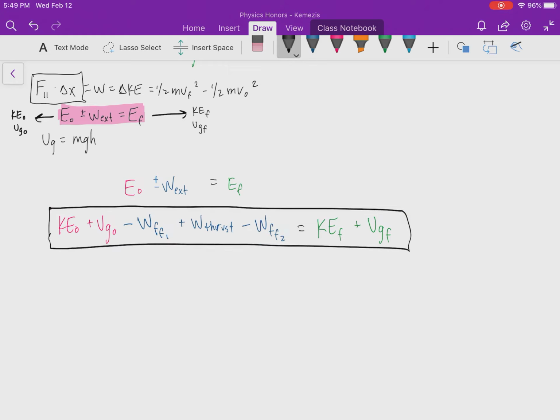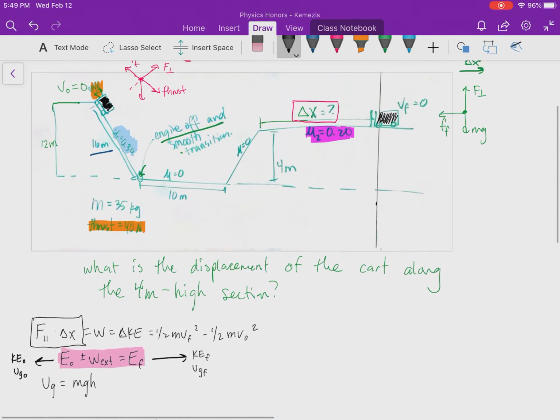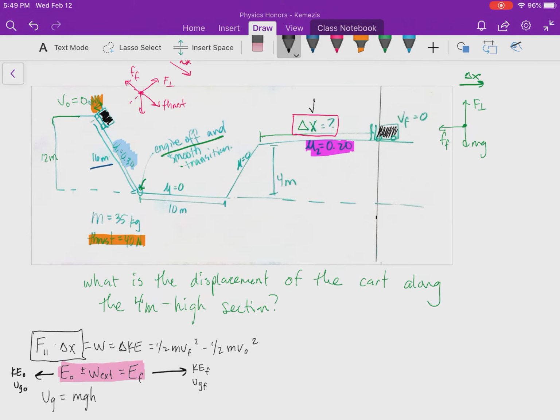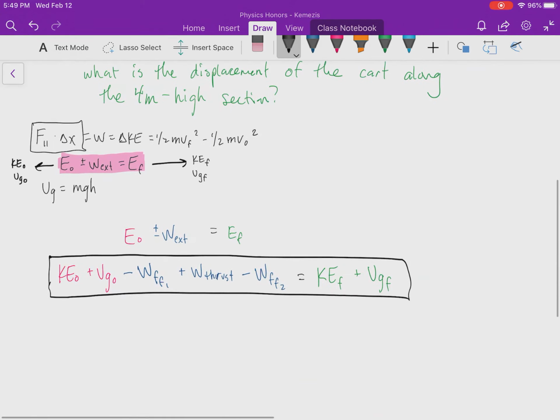Somewhere in here is going to be how we are going to solve for our answer, because this displacement that we're looking for has to do with the force of friction, right? So even though we've expanded out the first equation that we had, we're still looking at variables that are defined by more equations, right? Kinetic energy is 1/2 mv squared.